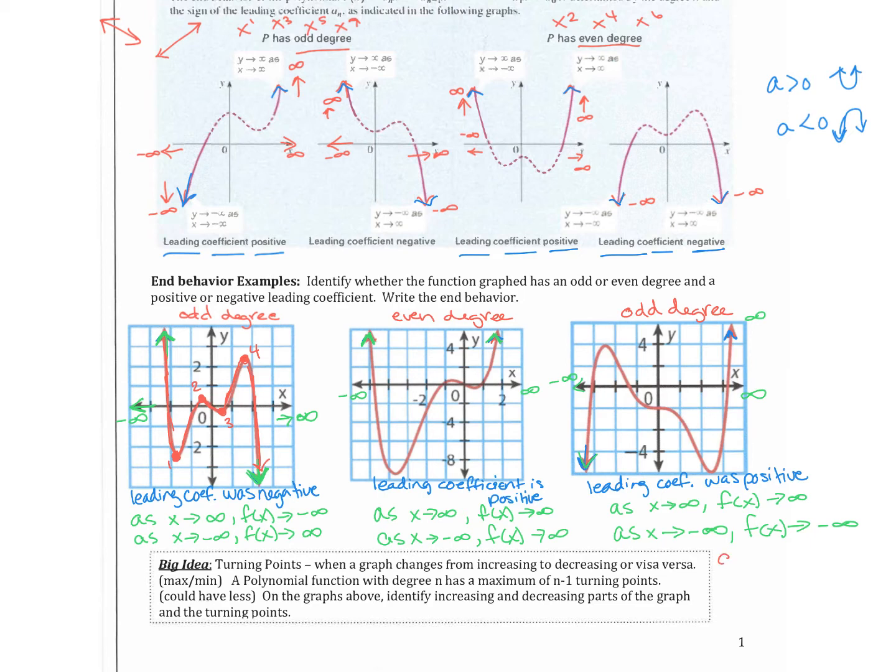So we can have a global max, we could have a global min, and just what it sounds like, it would have to be the greatest y value, the global max for the whole function, or the smallest y value, that would be my global min. Or I can have what we call local maxes, just higher than everything around it, and I can have local mins. Again, something that's just lower than everything around it.